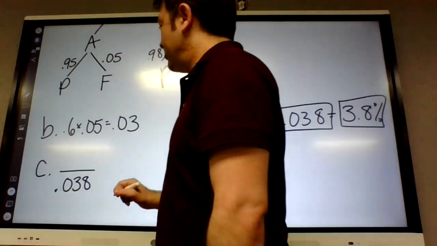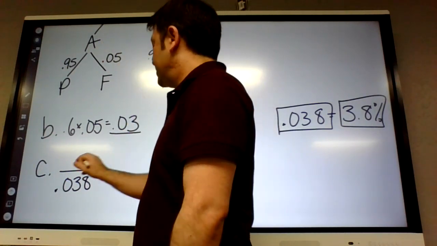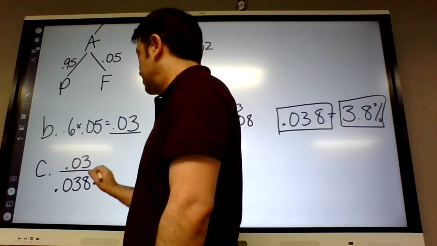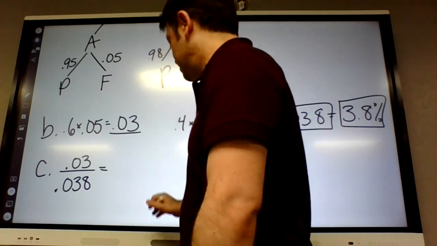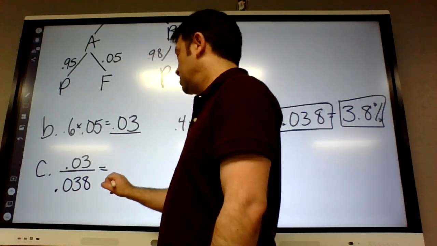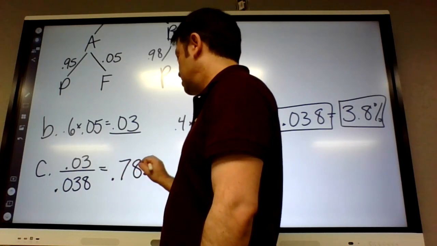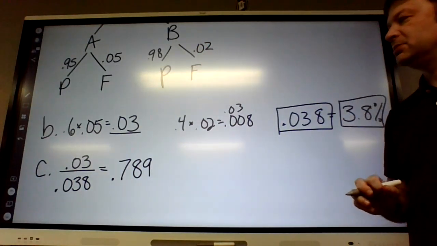How much of that was from machine A? 0.03. So we're doing 0.03 out of the 0.038 in total. And just divide that. Okay.